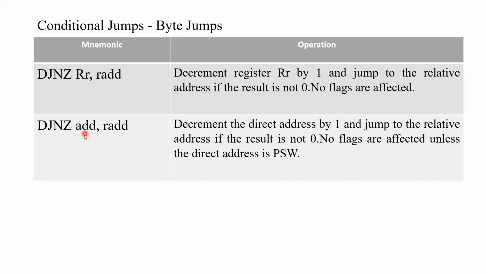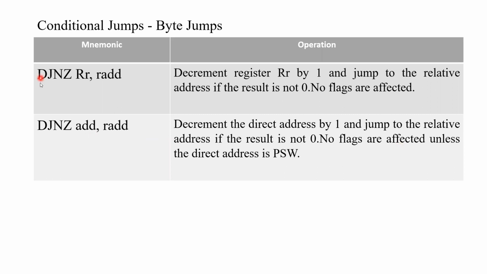Since we studied the 8051 programming model, we know which special function registers we can directly mention using a direct memory address. Unless it is PSW, no flags are affected.